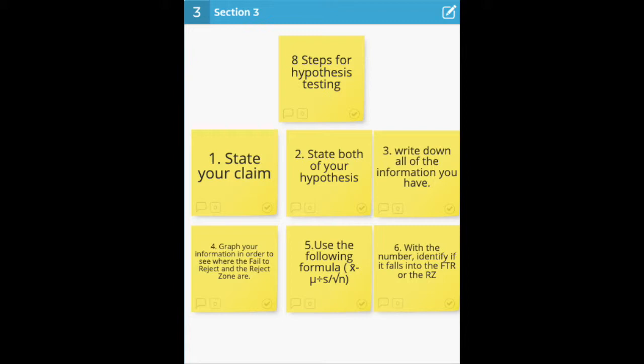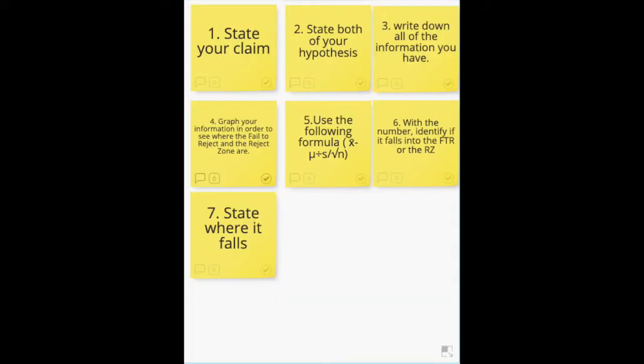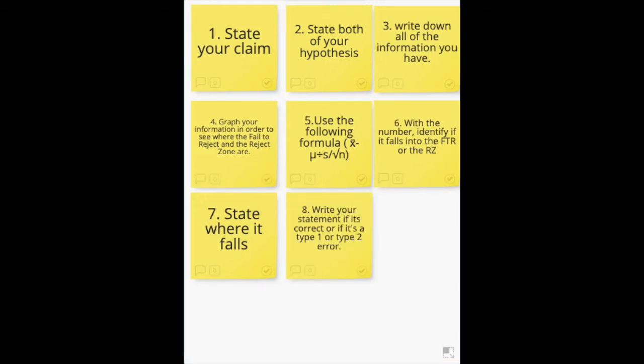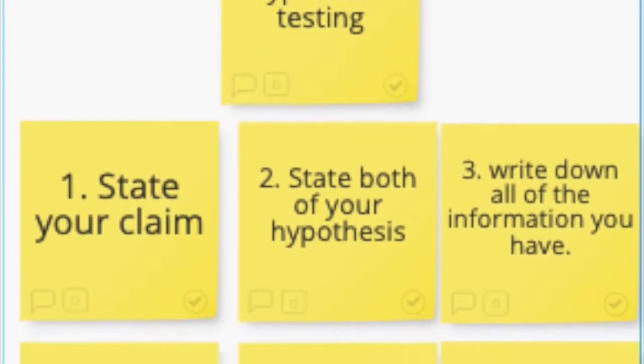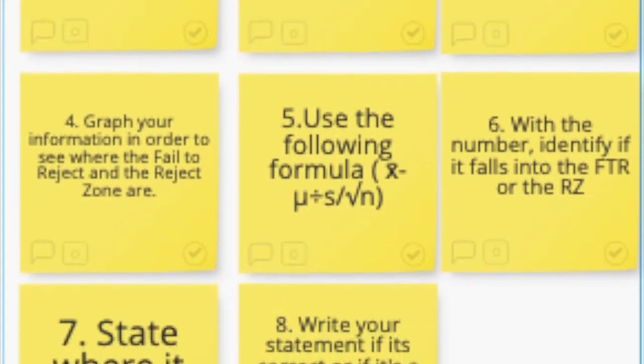Depending on which it lands, for example, if it's the fail to reject, it means the hypothesis was failed to reject. So it is probably true, and if it falls in the reject zone, it is probably not true. Now, once you state this, write your statement if it's correct or if it's incorrect and everything that involves the hypothesis.